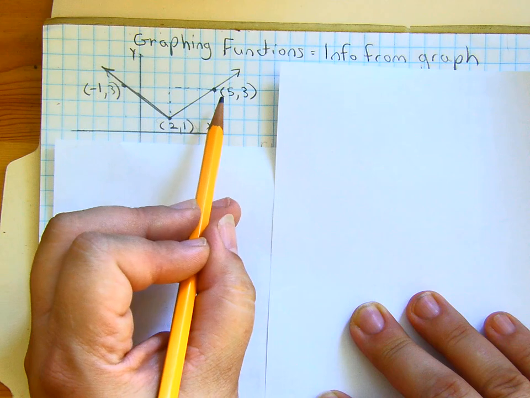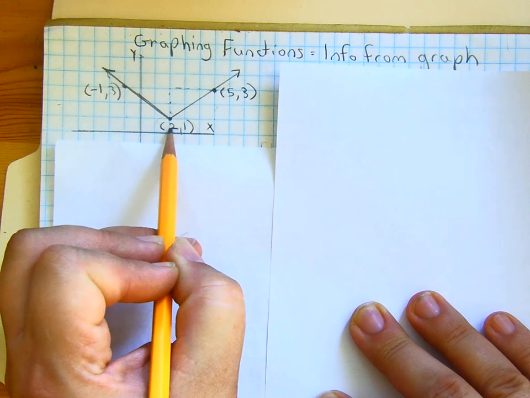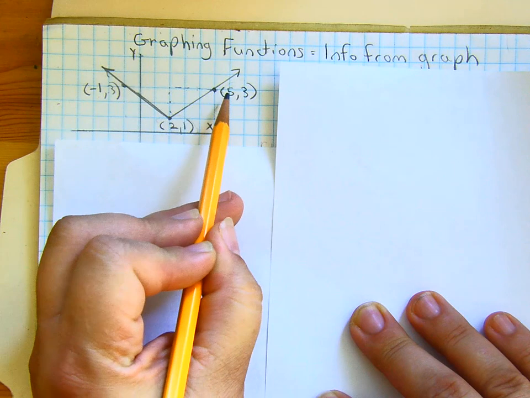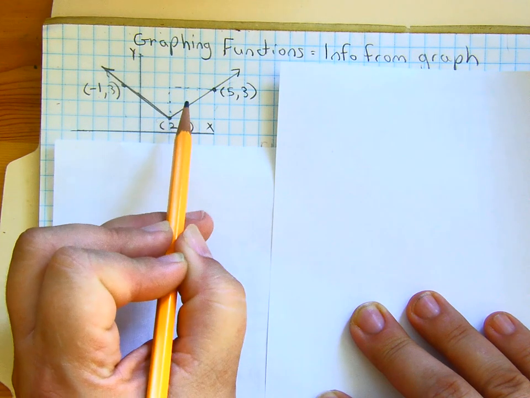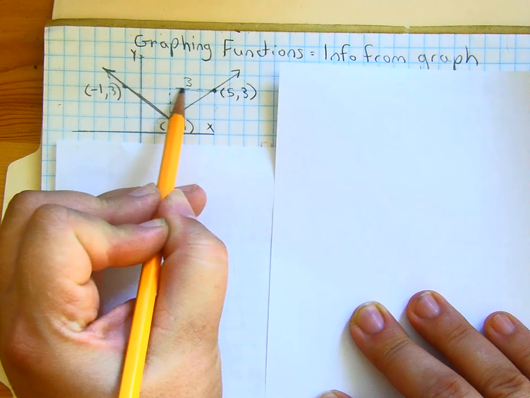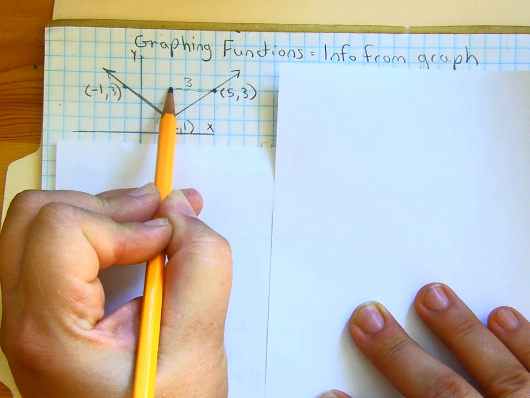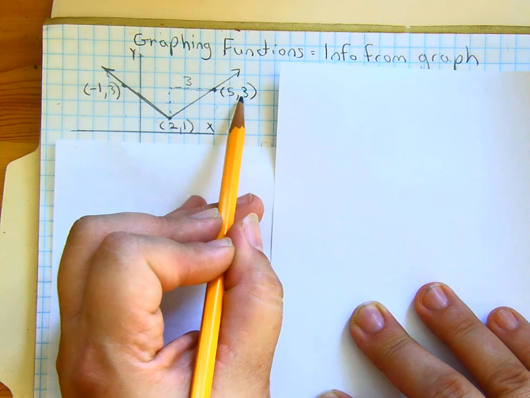Because you can ask yourself, well, what did you have to do to 2 to get 5? And so 2 plus what is 5? Well, 2 plus 3. And that is our run, okay, which also becomes our b.